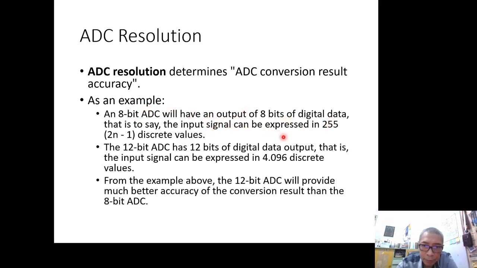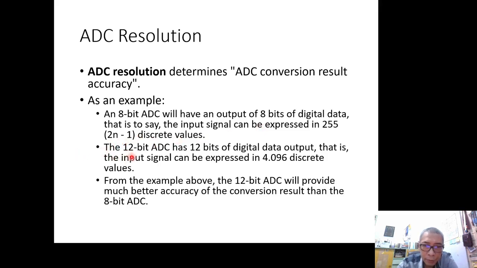So the input signal can be expressed in 255, or 2 to the power of n minus 1, discrete values, because 2 to the power of 8 is 256, minus 1 is 255. So we have 255 discrete values of digital data.